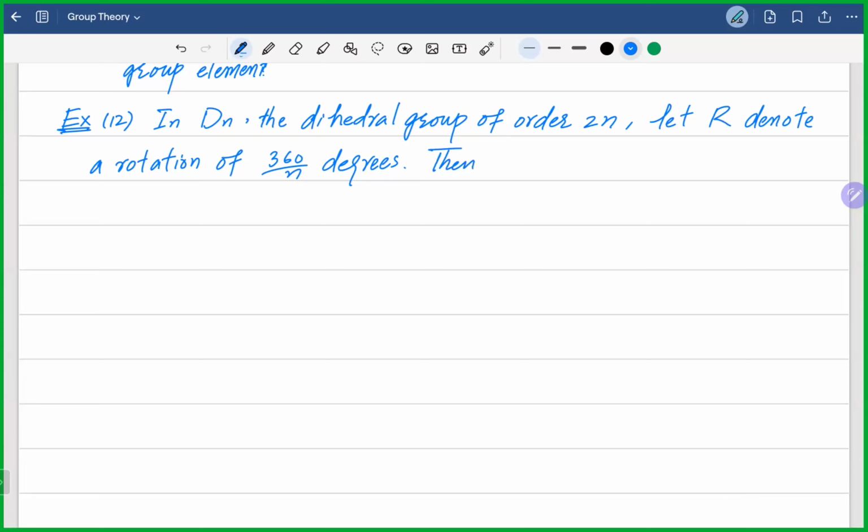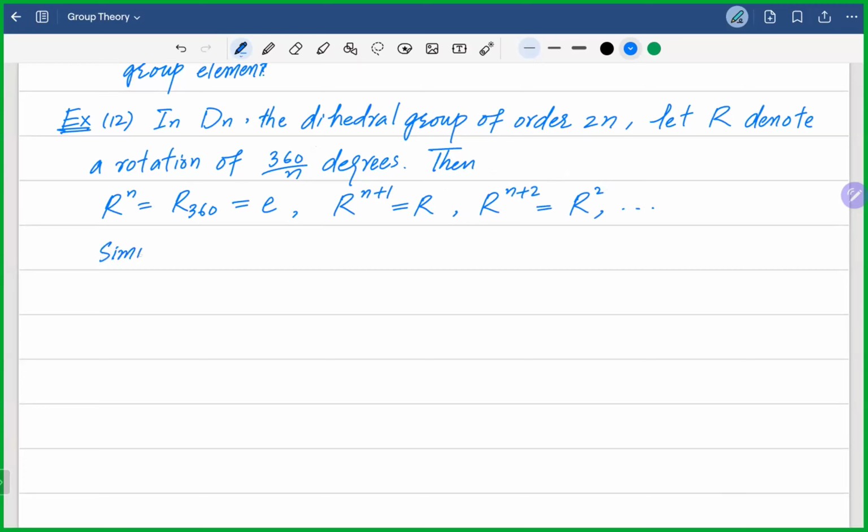Then R power n is going to be R 360, which is E. R power n plus 1 is going to be R. R power n plus 2 is going to be R squared, and so on.